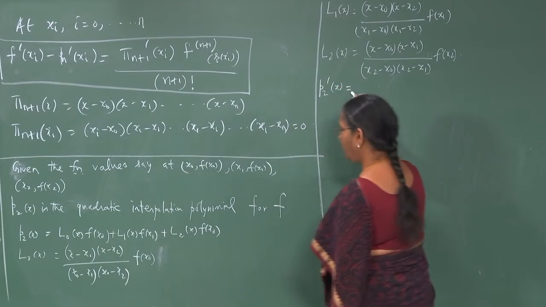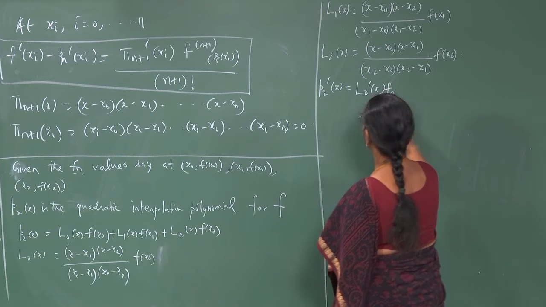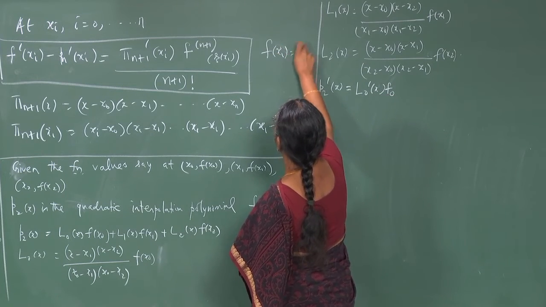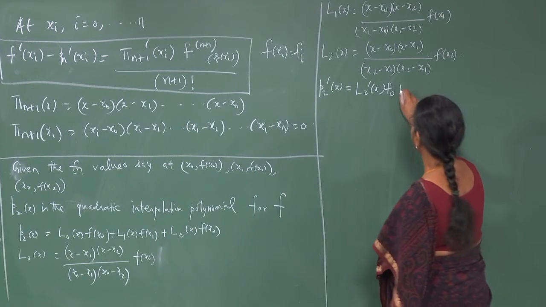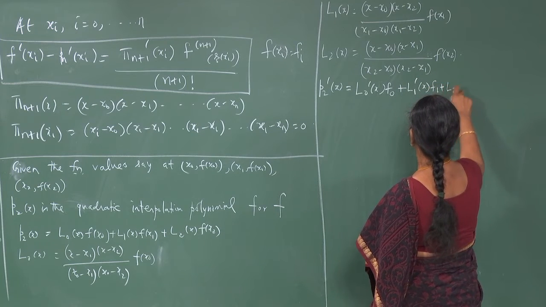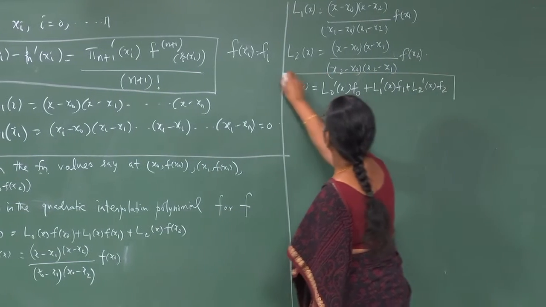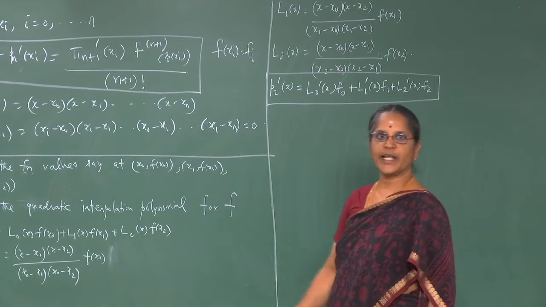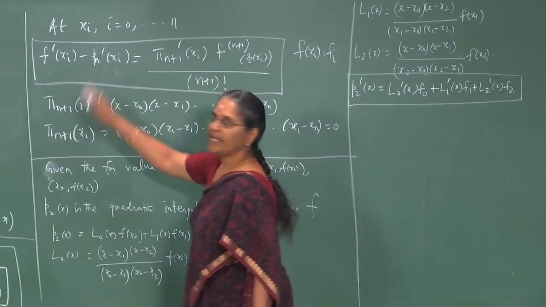P2 dashed will be L0 dashed of x into f0, I shall use the notation that f of xi is fi, so f of x0 is f0, plus L1 dashed of x into f1 plus L2 dashed of x into f2. So, we must find this at the nodes x0, x1 and x2, and then use this to get an estimate on the error.